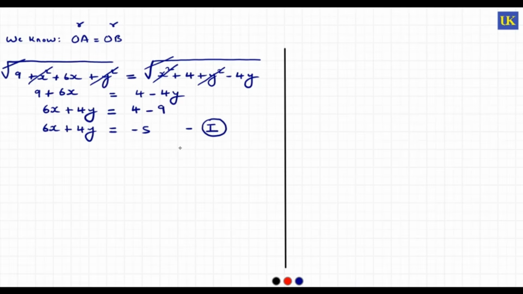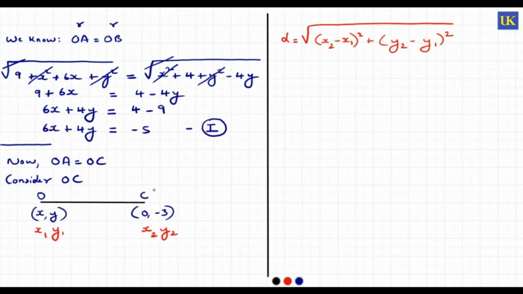Okay, now, guys, we have equated OA is equal to OB. Now we will equate OA is equal to OC. We already know OA, so consider OC. Now we will find the distance of OC.